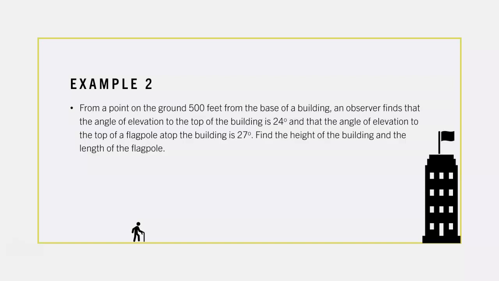All right, example 2. I want you to take a minute and try to draw this picture. Read the words carefully and come back after you have made an attempt at the drawing. Okay, so my observer is 500 feet away from the base of the building.